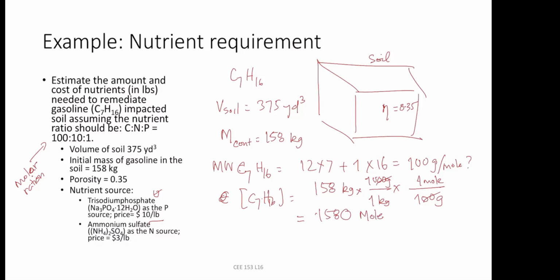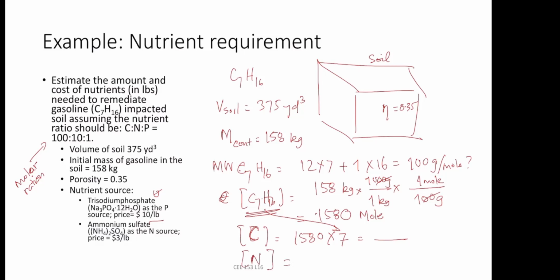So if you know this many moles of gasoline are present, what is the mole of carbon? In one gasoline molecule, you have 7 carbons. So that means 1580 times 7. Whatever that number is, that is carbon. Then you talk about nitrogen.